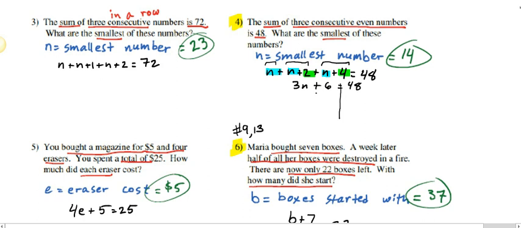Draw the line, subtract 6 first from both sides, and that leaves us with 3n equals 42. Then that means 3 times n, so we divide by 3, divide by 3. The 3's cancel, and we get n equals 14, the answer that we said it was.